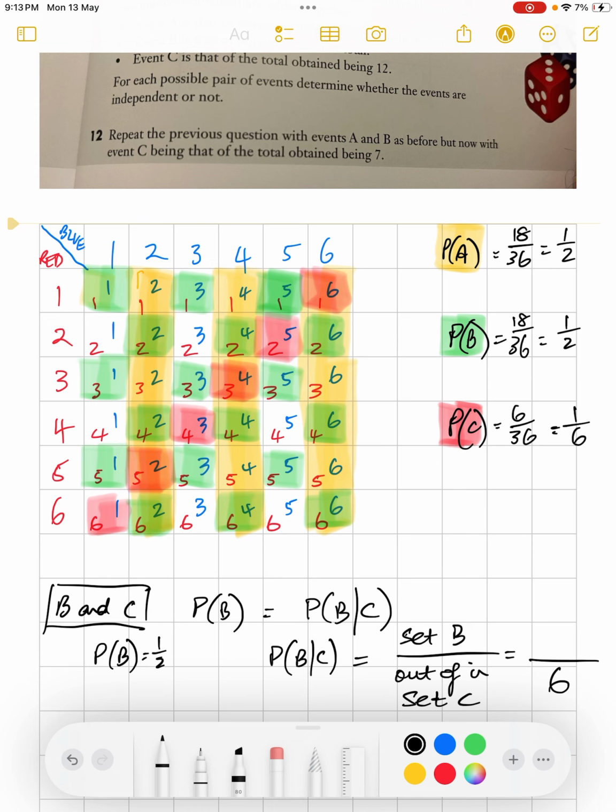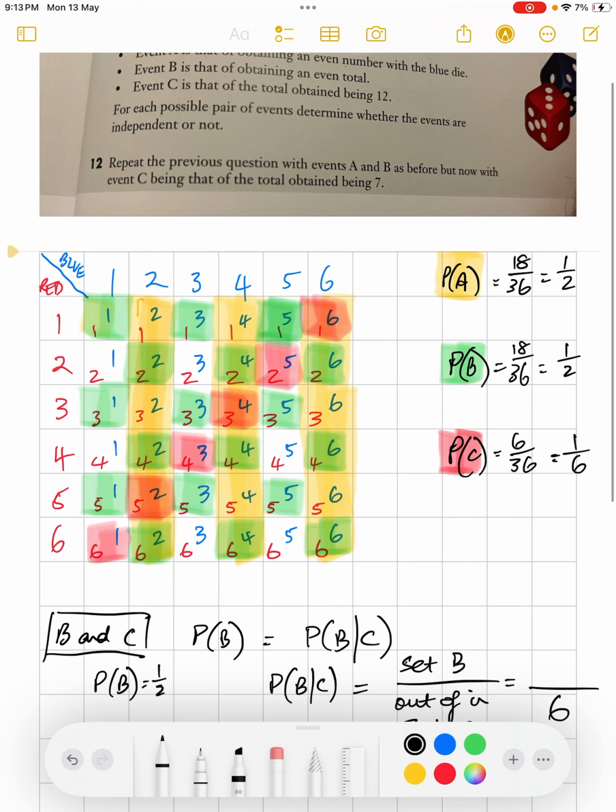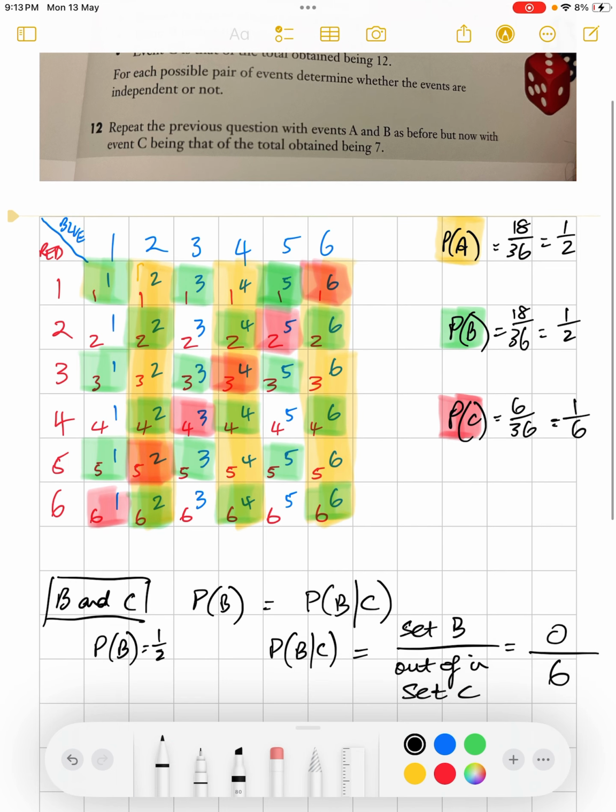And none of those 6 will be an even score, because if the total is 7 it can't be even. So the probability of B, a half, does not equal 0. Therefore, B and C are not independent. They are dependent. If C happens, it changes the probability of B.